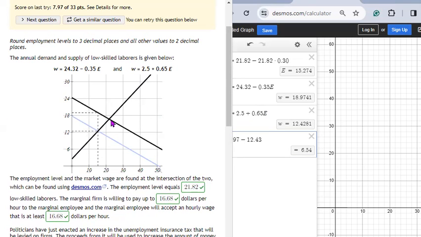Now, when I hit enter, check out what happens in my graph. It shifts the labor demand equation down, to the left. Labor demand is shifted from black to blue. That's a decrease in labor demand. Again, when you tax something, you get less of it. If you tax firms' labor demand, you're going to get less labor demand.